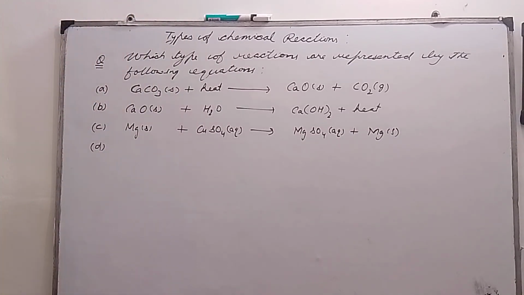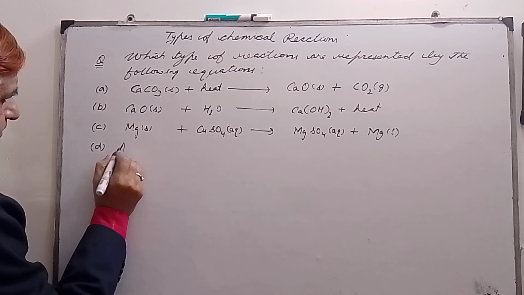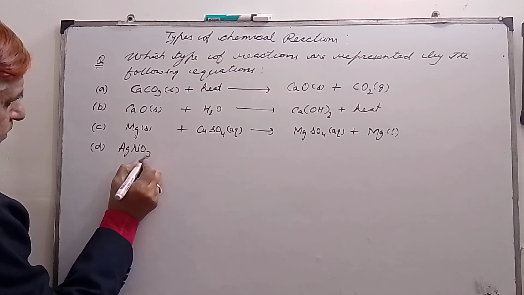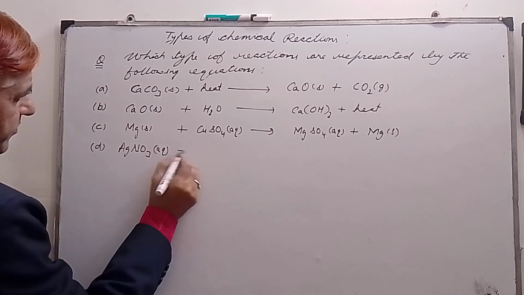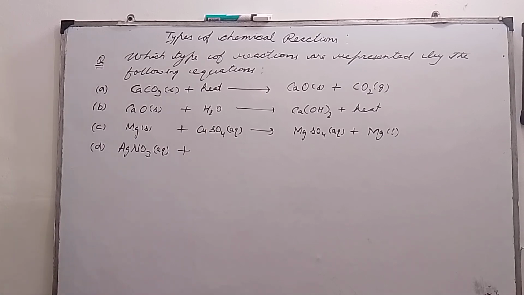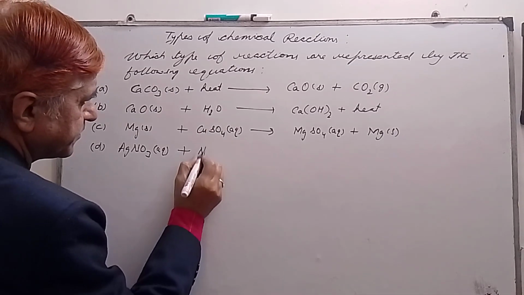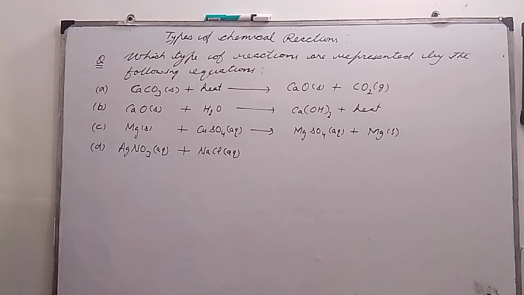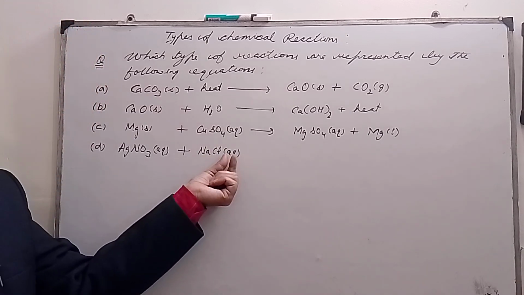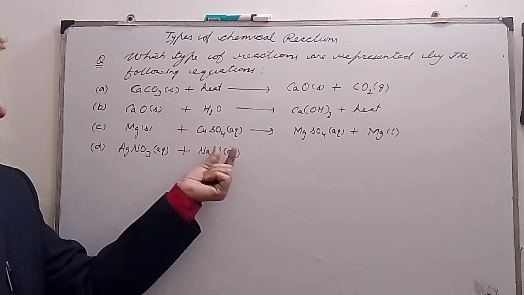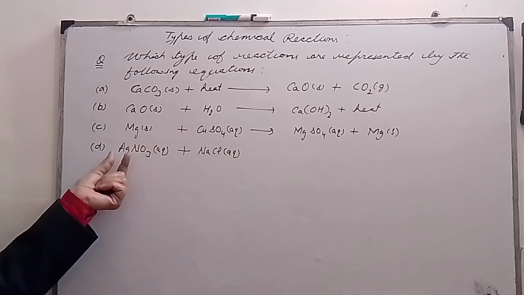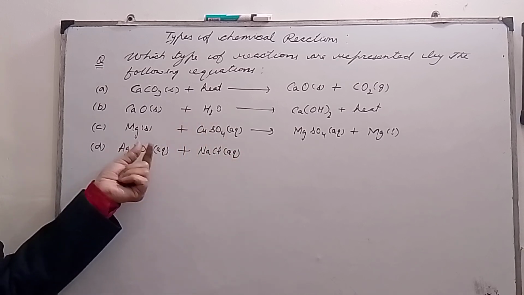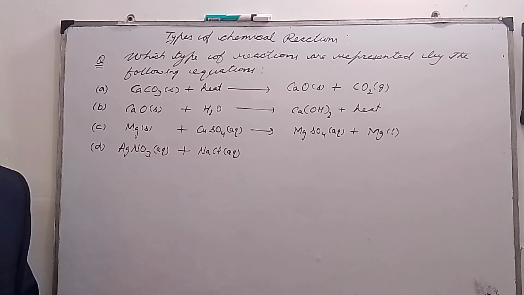D is silver nitrate plus sodium chloride. My dear students, I have already told you, this is aqueous. Aqueous means that sodium chloride is dissolved in water. Similarly, silver nitrate is dissolved in water.